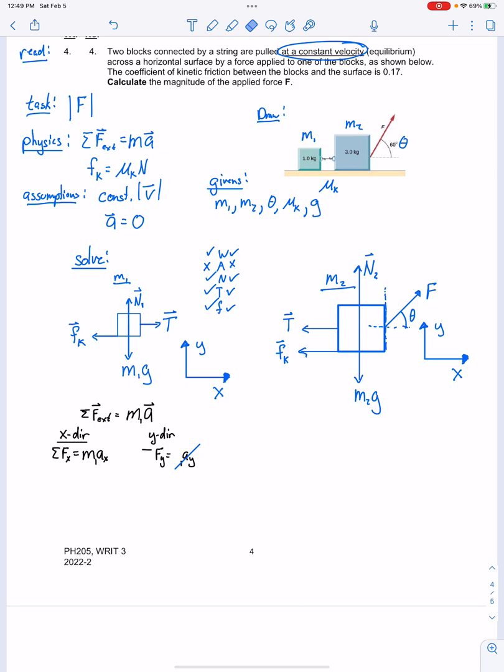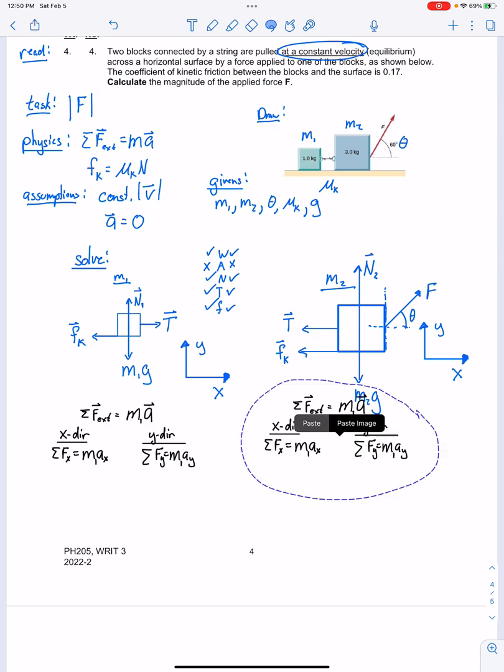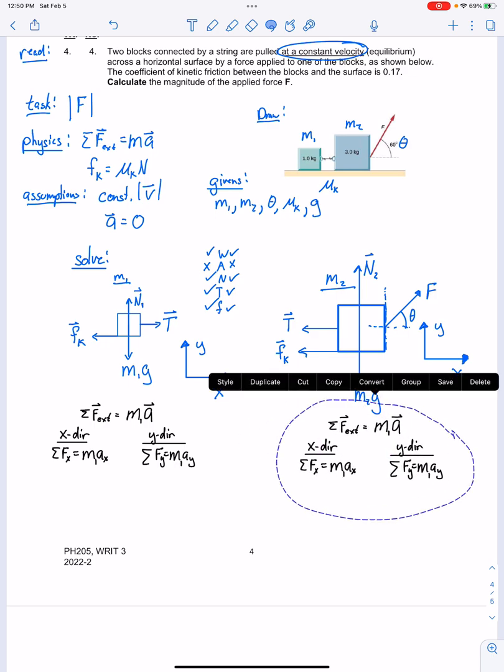I think you get the point that this is simply copied, so sum of the force in the y equals m1. Oh, no. There we go. So that's what we were trying to cut and paste, and we'll cut and paste it for m1. We'll grab it again and do it for m2. So there's our cut and paste step.